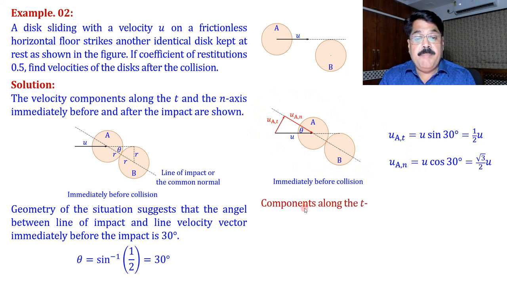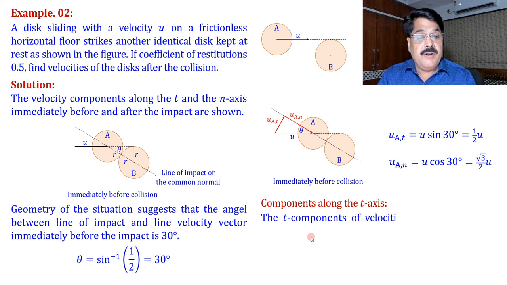Now what will happen to the components along the t-axis? For the t-axis, just see, this will be along this common tangent. So the t component of disk A will remain the same, u by 2. And the t component of disk B also remains the same. Previously it was 0, so after the collision it will be 0. The t components of velocities remain unchanged.